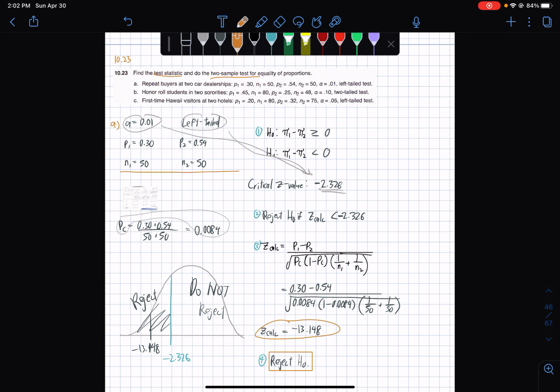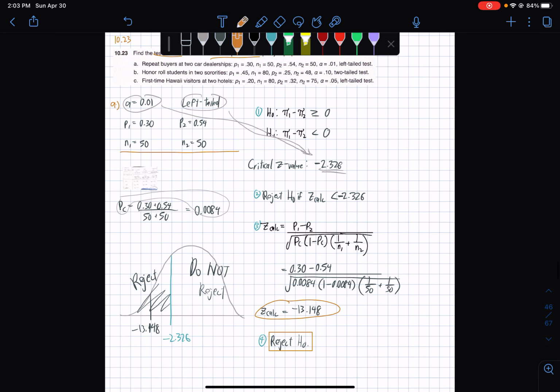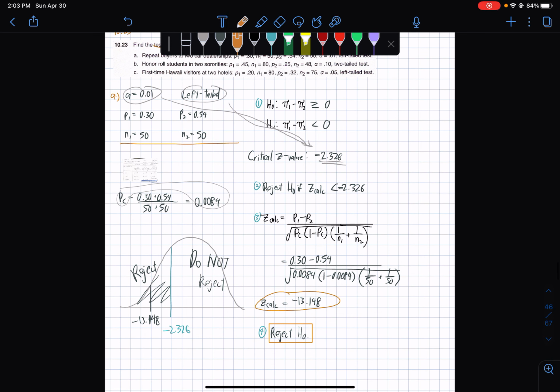So that's for 10.23. This one is correct, but for some reason my z value isn't the same.